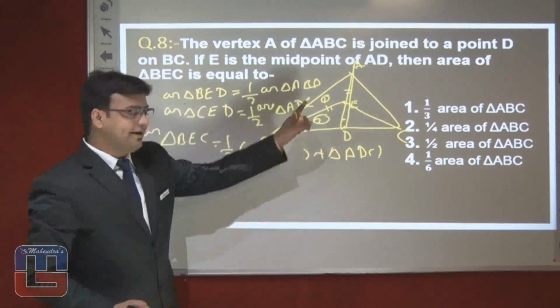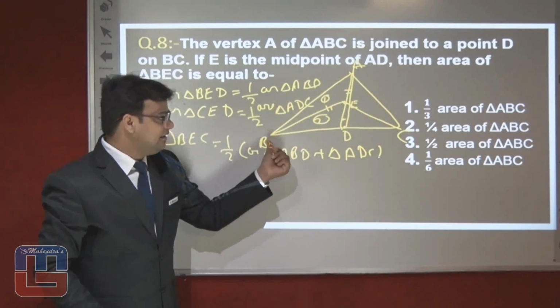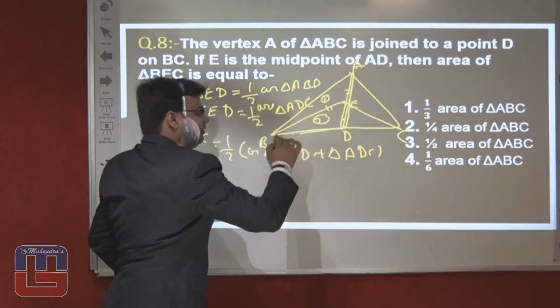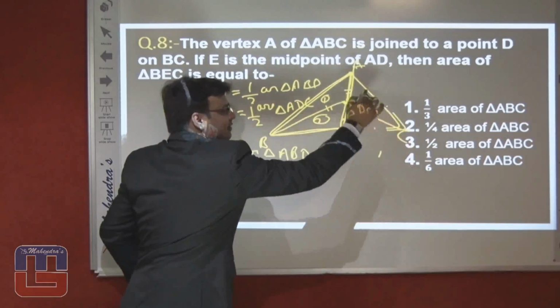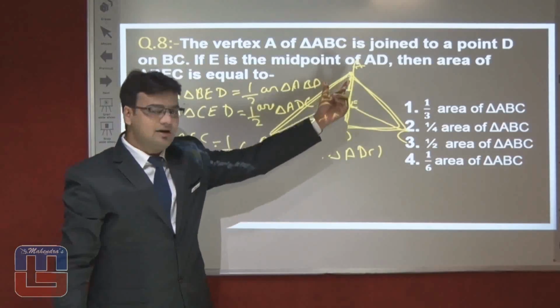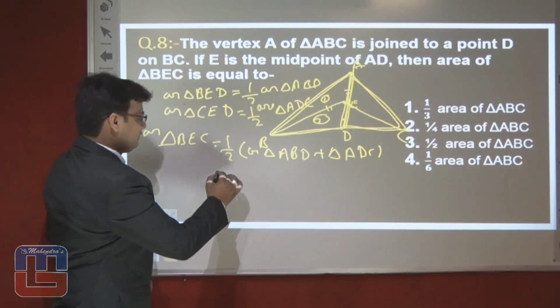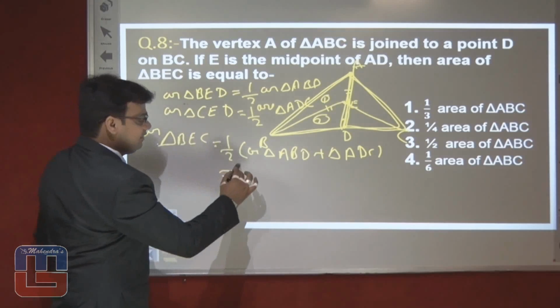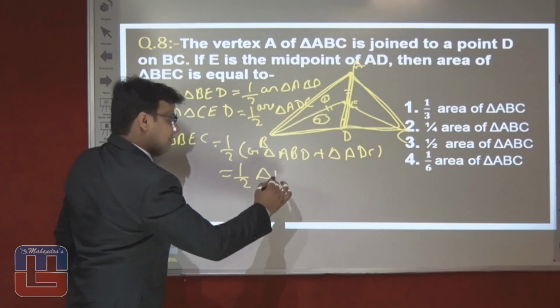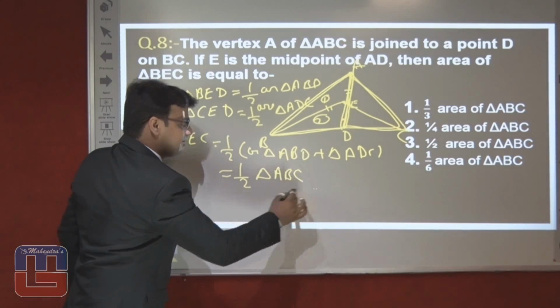If we add area of triangle ABD and ADC, it becomes triangle ABC. That means area of triangle BEC is equal to 1 by 2 area of triangle ABC.